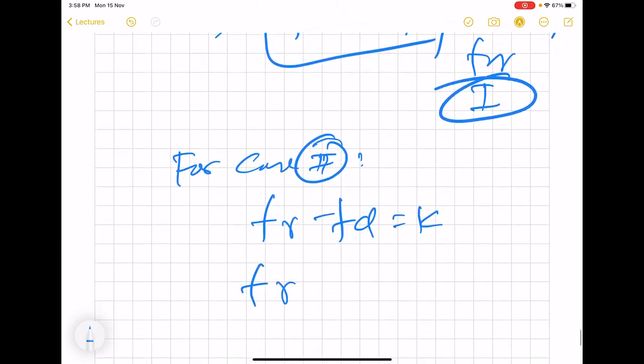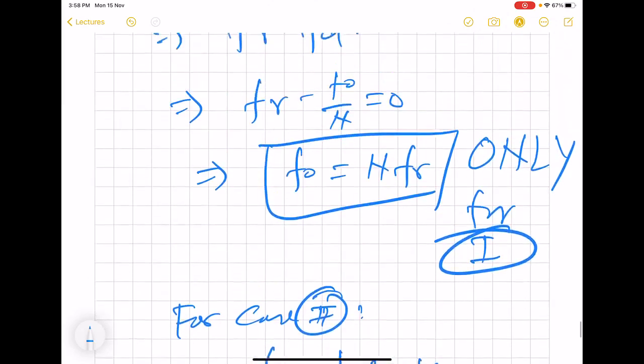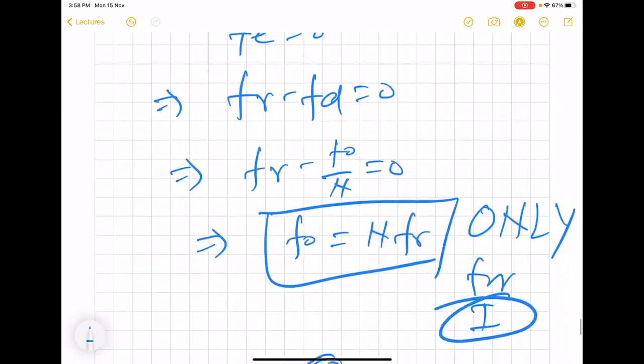So here we see that f ref is going to be fo by n plus k. So we will not be able to achieve this part of the relation. There will be an undesired term in the form of k. And of course, for case 3 also, we will not be able to achieve this equation which we wanted.